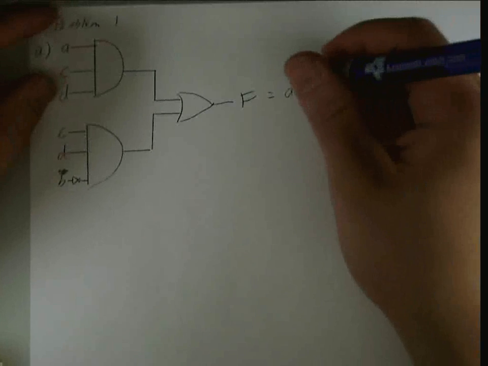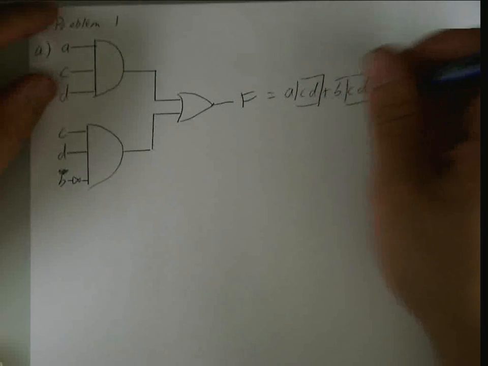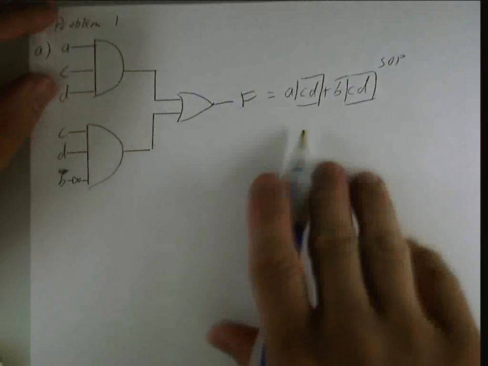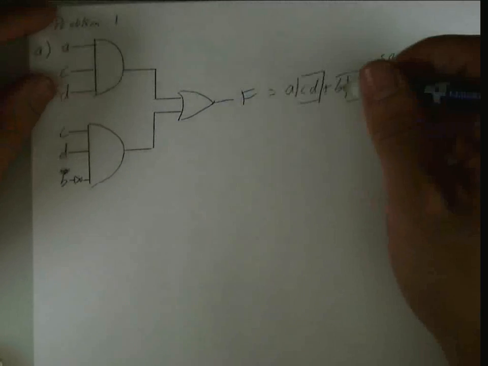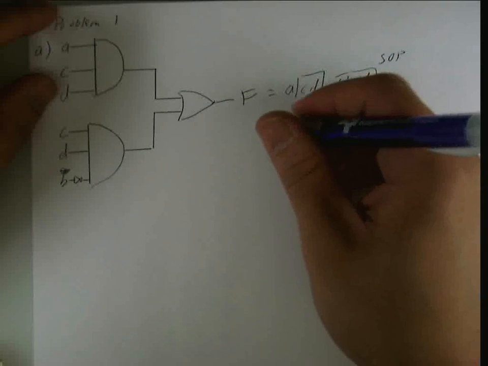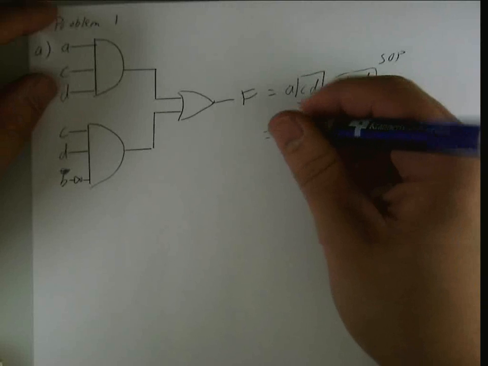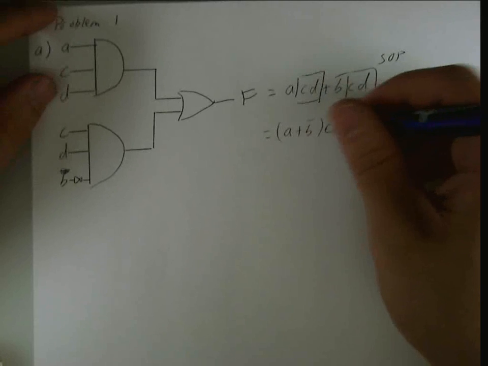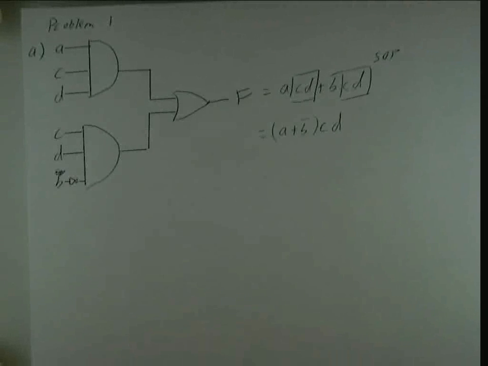What you should notice, hopefully, is we have C, D, C, and D. We put these two together, we can just distribute this A or B bar out. So this is going to be A or B bar, and C, D. Well, we're actually already done.